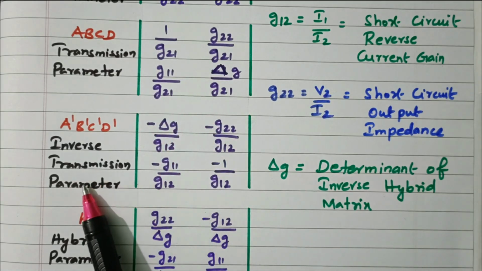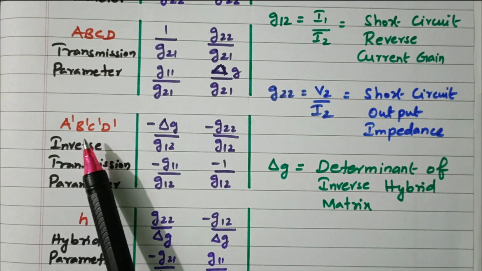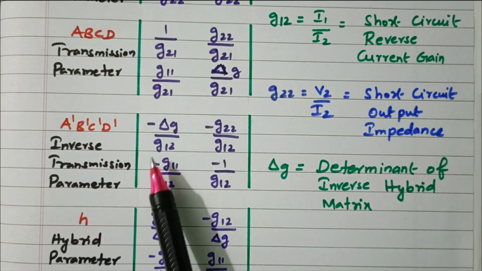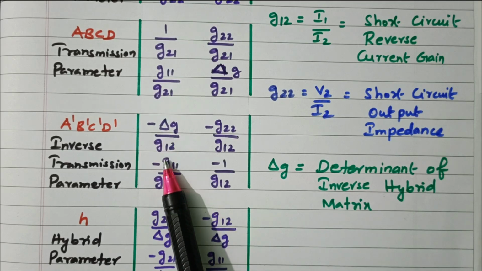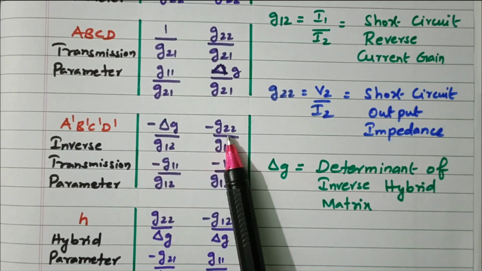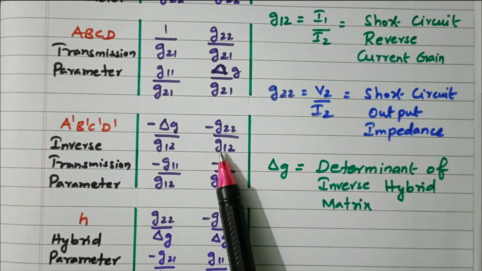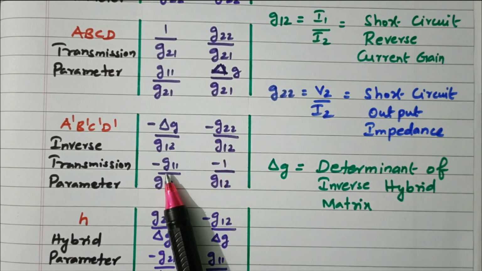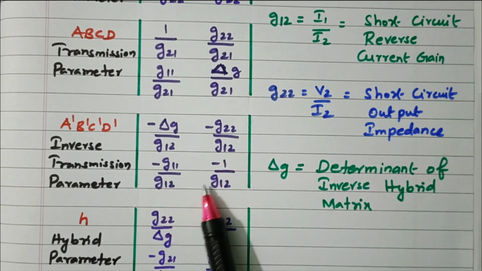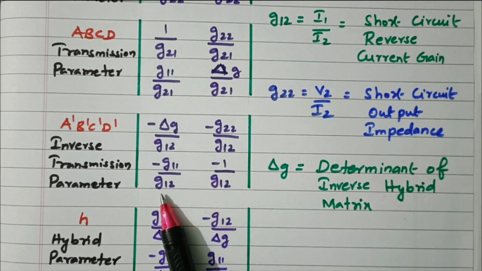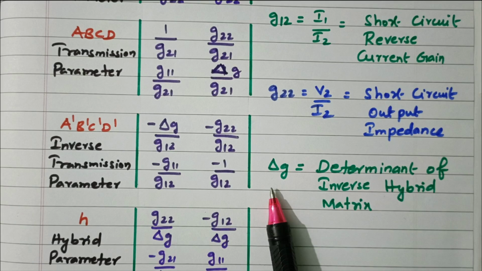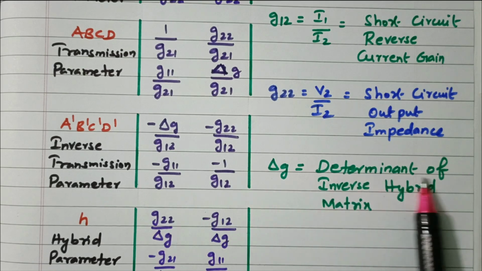Then the inverse transmission parameters A dash, B dash, C dash and D dash: minus delta G divided by G12, minus G22 divided by G12, minus G11 divided by G12, minus 1 divided by G12. Here also G12 is the denominator in all the terms, the numerator is different. We know that delta G is nothing but the determinant of the inverse hybrid matrix.